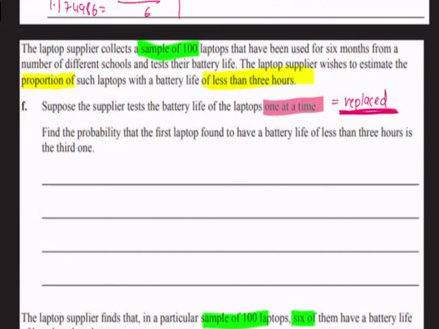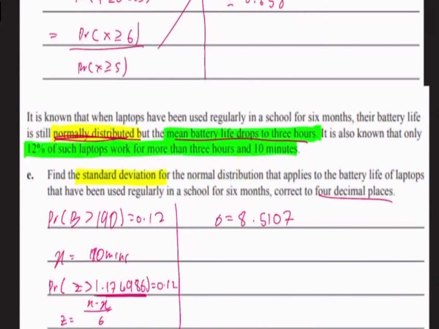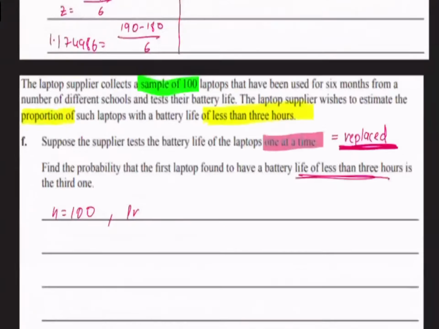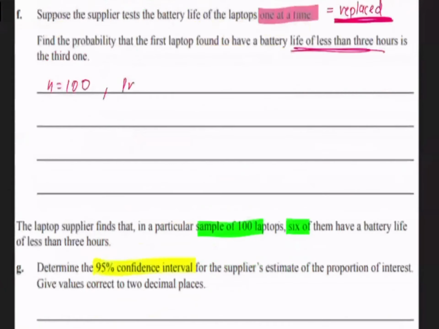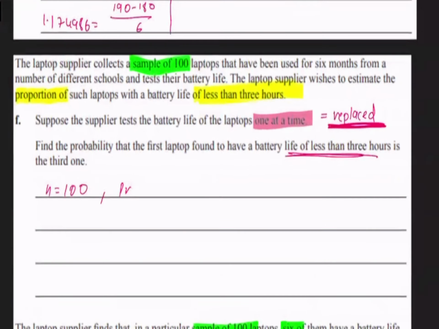If you remember from the previous question, 3 hours is actually the mean, and it's normal distribution. So anything less than the mean or greater than the mean is going to be half. So the probability that the battery life is less than 180 minutes, or 3 hours, is half.